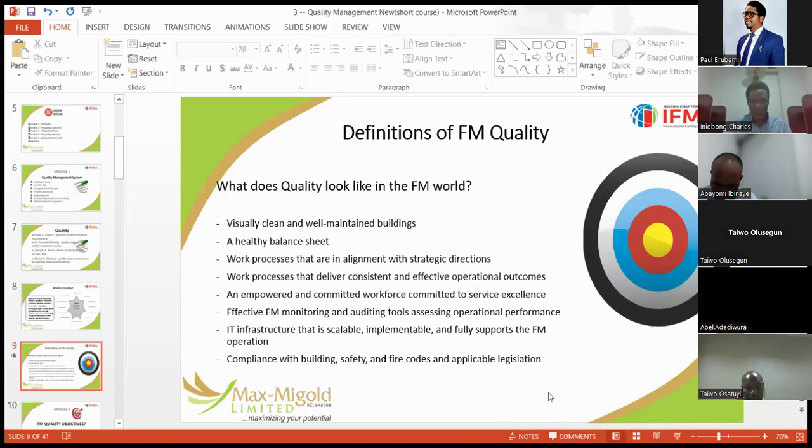Effective FM monitoring and auditing tools, assessing operational performance. IT infrastructure that is scalable, implementable, and fully supports the FM operation. So for this, there are IT infrastructure that we use in the FM industry, for example, the CMMS, which we talked about. This application should be able to expand when there is an increase in workload in the system.